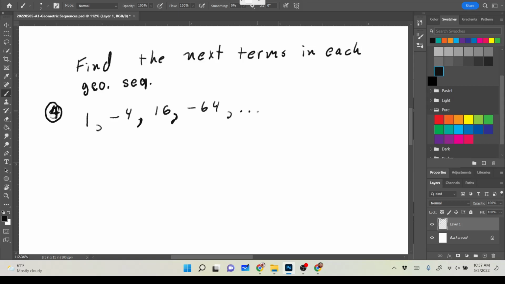So what would the next term in the sequence be? It would be positive something. This is geometric, that's in the instructions. It does have a common ratio. So what would the next term be? 4,096? That's too much. Is it 96?